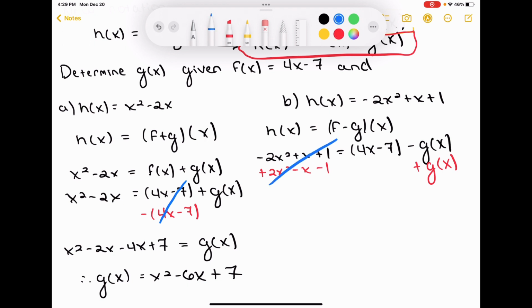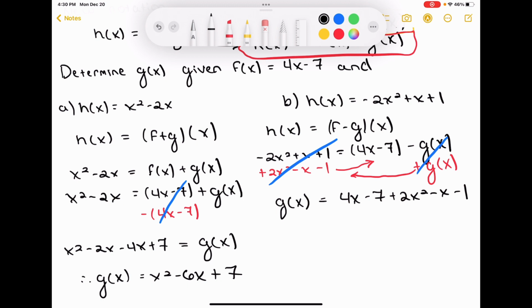So we can get rid of this one, get rid of this one, and then now they just swap places. So we have g of x, because it was added to this other side, that's going to be equal to 4x minus 7, and then plus 2x squared minus x minus 1, because what we do to one side, we do to the other. So these are actually happening to both sides, g of x and the other term.